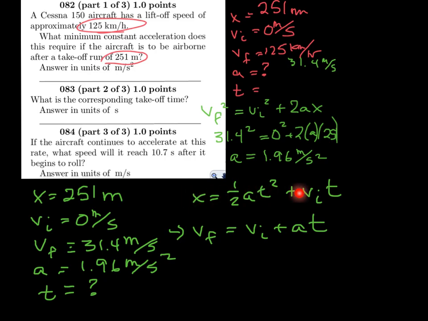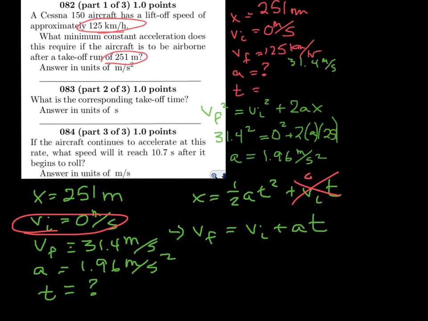Sometimes you don't need it, because for this one the initial velocity term drops off since it's 0. So we just have x equals 1/2 at squared. It's not so bad, but if given the choice, I would choose the second of the two.